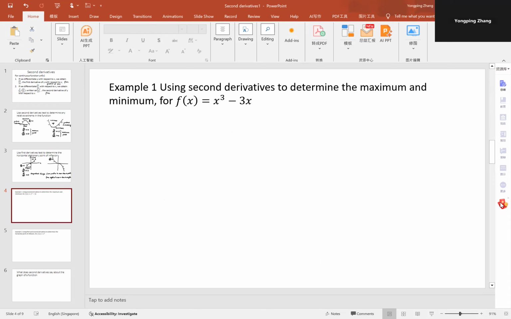For example, we use the second derivative to determine the maximum and minimum. For this function f, we get the first derivative equals 3x squared minus 3.